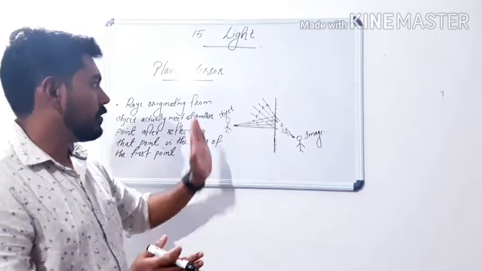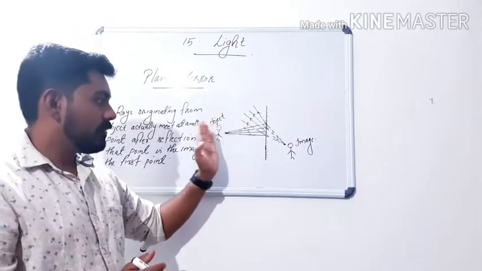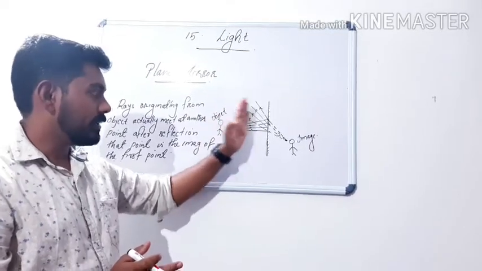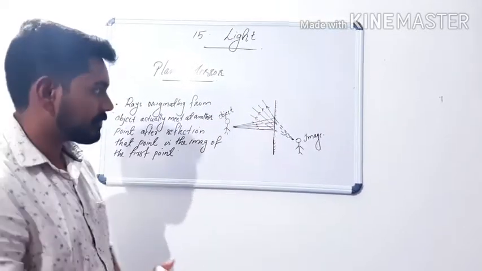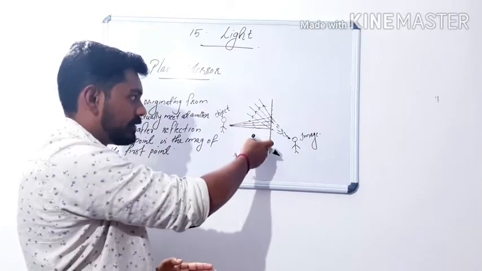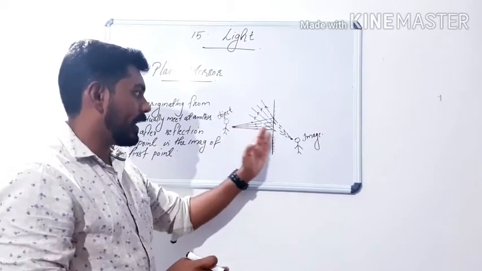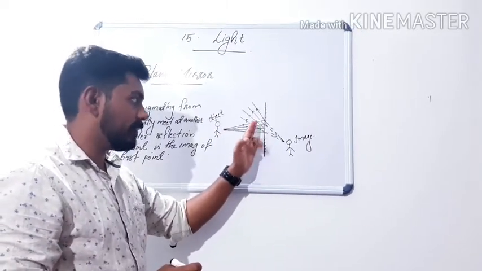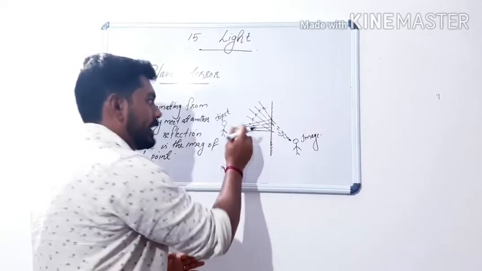Okay, so when the light ray comes from the object and strikes the shiny surface, here you can see this is the shiny surface. When this ray strikes the shiny surface, this is the incident ray.